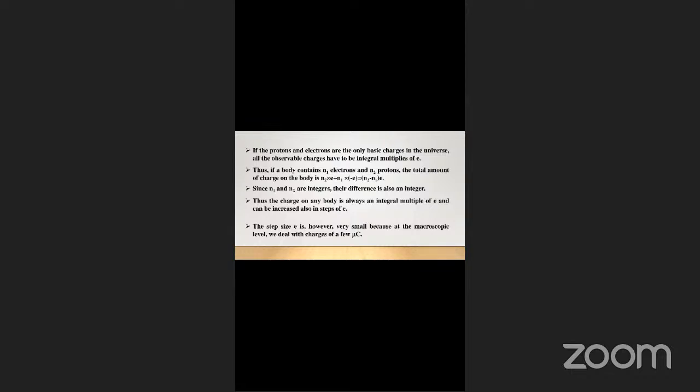Why? Because micro is 10 to the power of minus 6. So this is a very small value. You can observe this size also using the microscopic level.